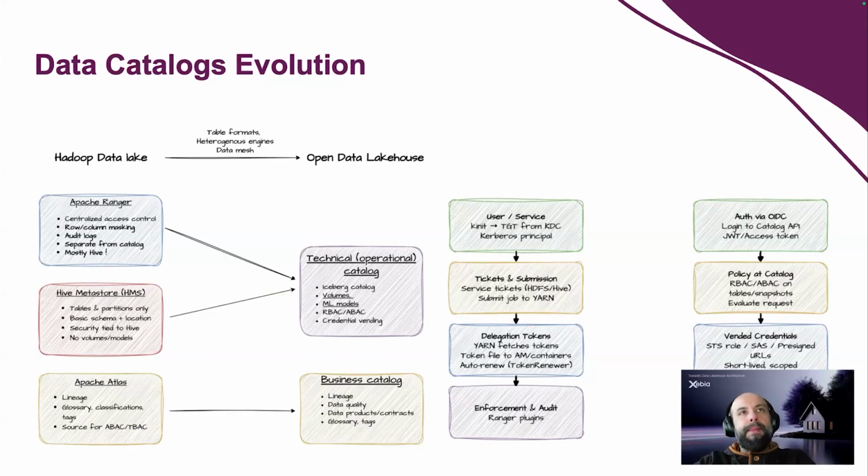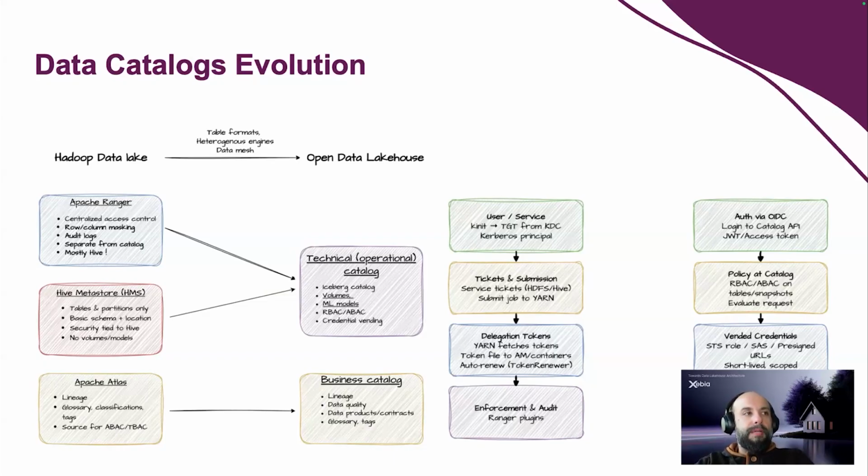But the main drawback of this solution was that it was mostly tightly coupled with the Hive data warehousing solution. Later on, there was also an option of integration with other popular distributed query engines, for example Trino or Apache Spark, but the integration was not as good as for the Hive Metastore and the Hive data warehouse.